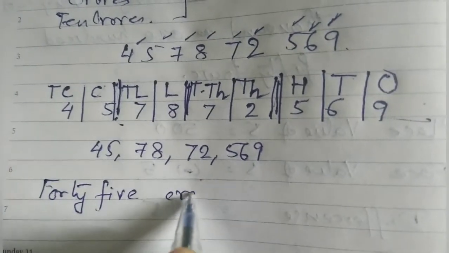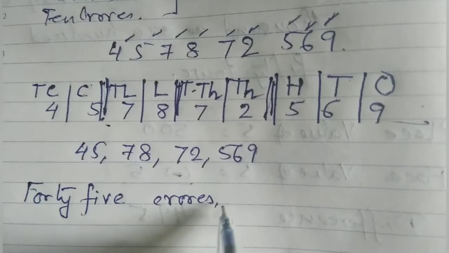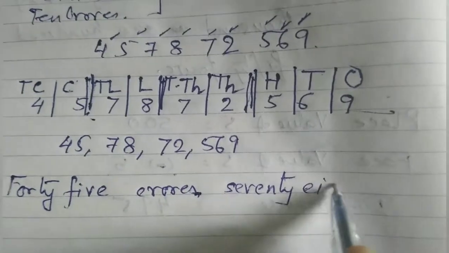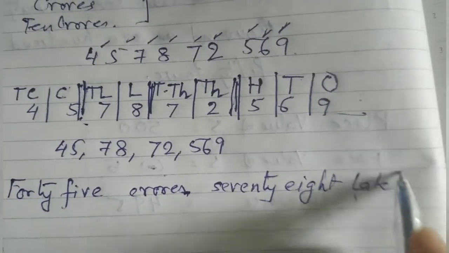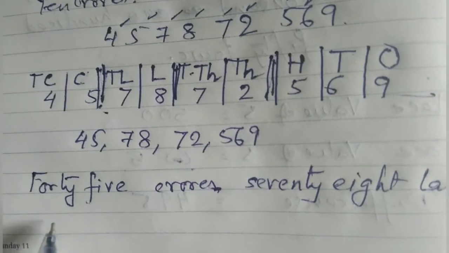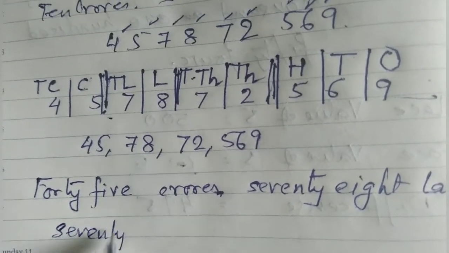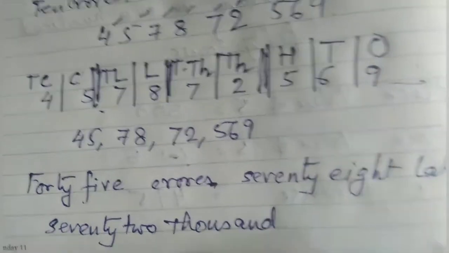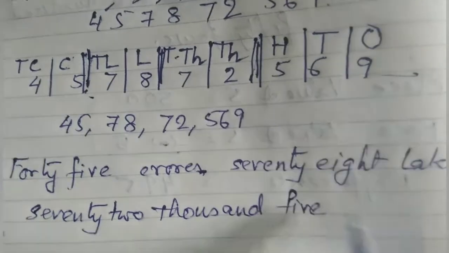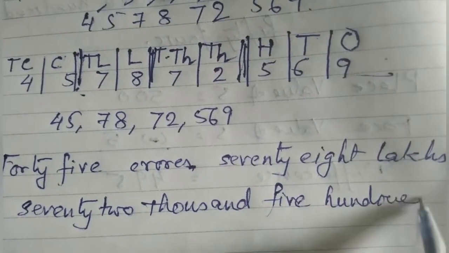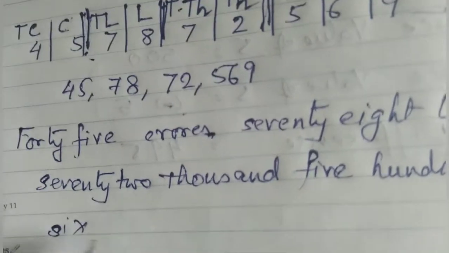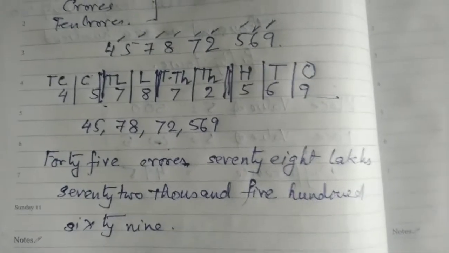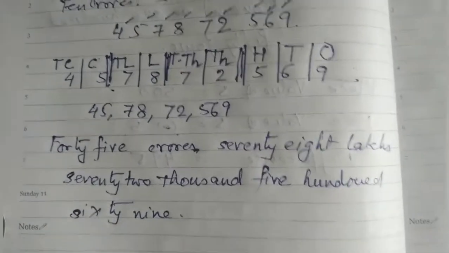45 crores, 78 lakhs, 72,000, 569. So this is what I have in the Indian place value chart.